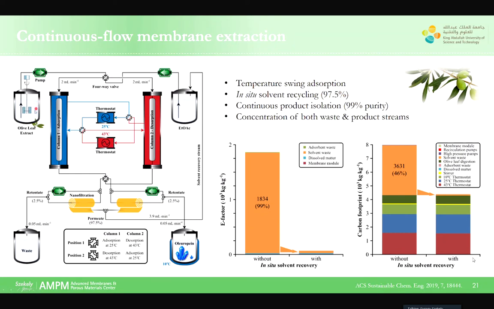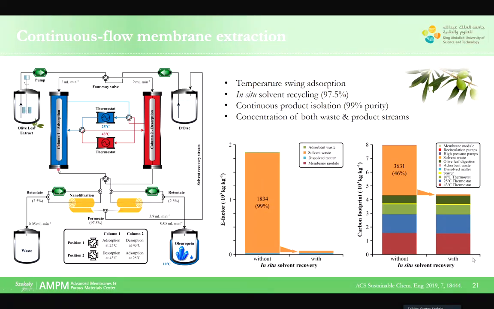So the crude product is actually going onto these adsorption columns continuously, alternating between high and low temperature, so basically between adsorption and desorption. And when you do adsorption, your product gets adsorbed onto the column, which means that the waste is going through the column.